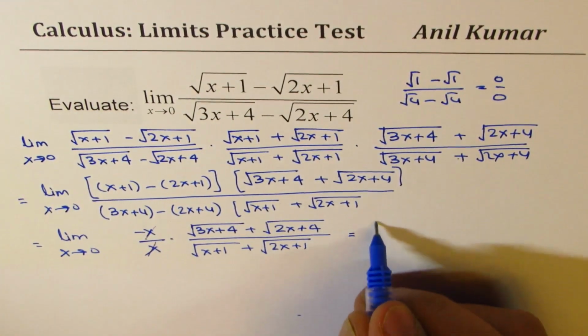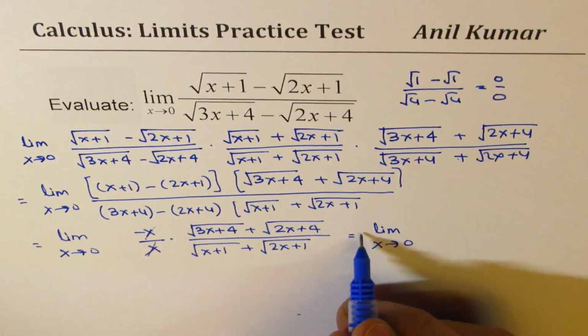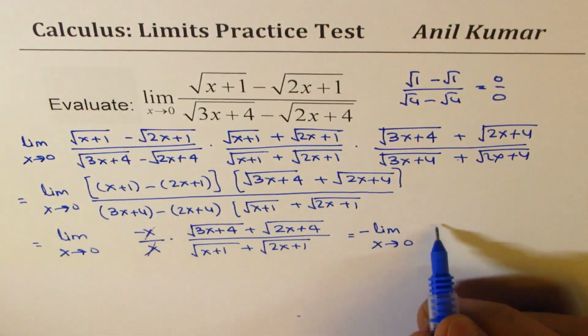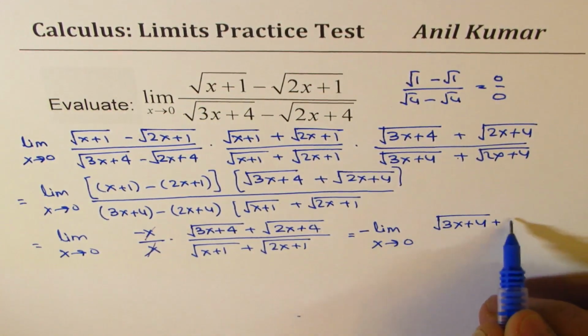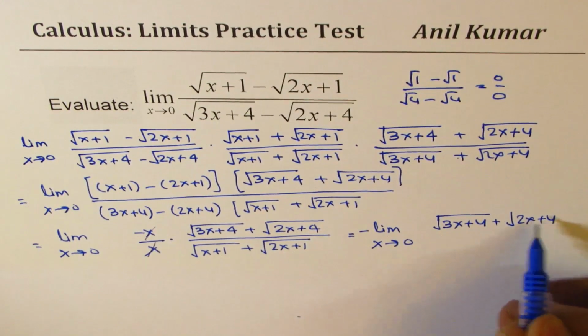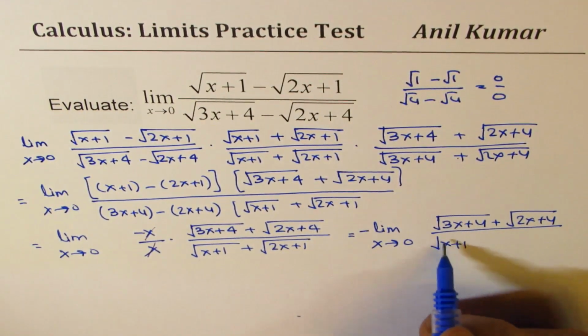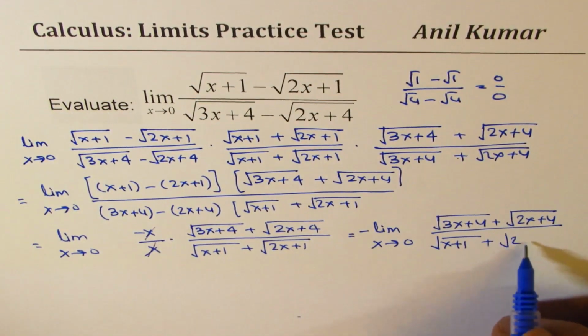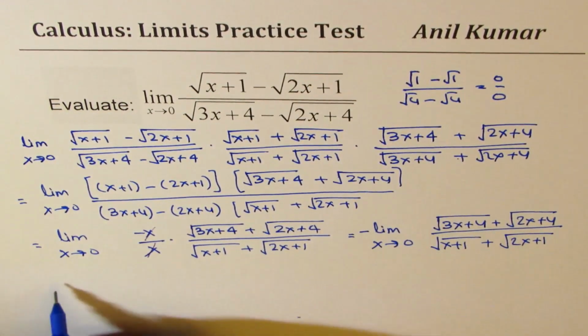So we could write this as limit x approaches 0, negative, this is minus, and we have square root of 3x plus 4 plus square root of 2x plus 4 over square root of x plus 1 plus square root of 2x plus 1. Perfect. Now we can substitute 0 here.